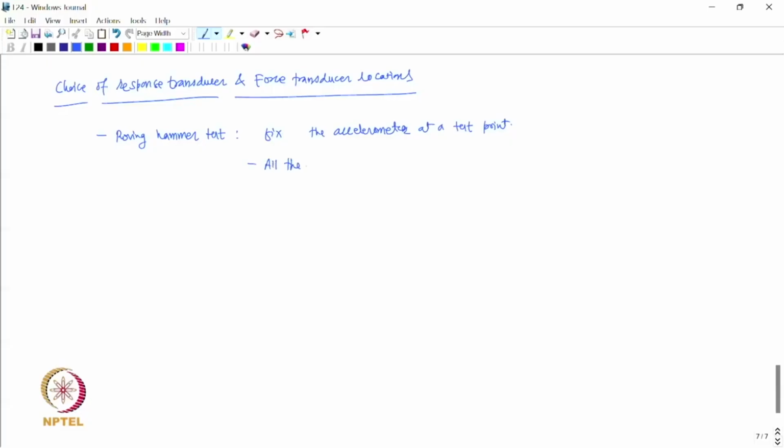The test point where this accelerometer is fixed should be such that all the modes in the frequency range of interest, which we want to measure, should be observable from the location of the accelerometer.